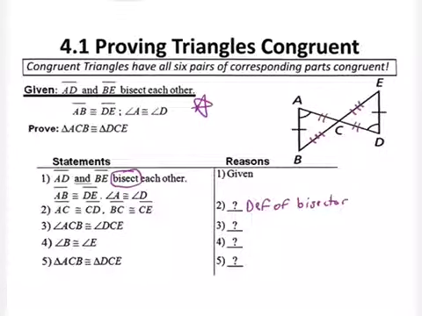Then they talk about ACB and DCE. Well, ACB is this angle here. DCE is this angle here. And we know they're congruent by vertical angle theorem, or VAT. The last piece here they talk about is angle B is congruent to angle E. And we know this because of the third angle theorem.